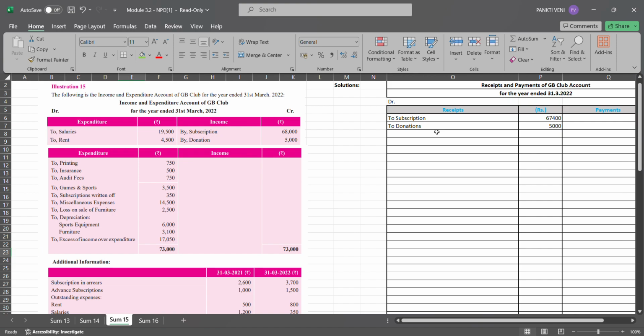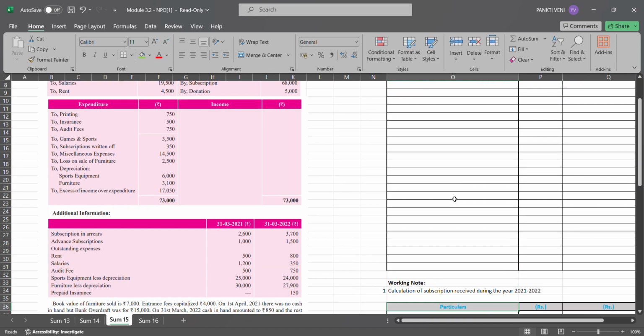Okay, in my receipts, suppose here I have printing and stationery. I just have to check whether I have anything related to the working note, any item related to a working note. Accordingly, I'll adjust here. If you go through the question, you have subscription written off, 350 rupees. That was not there in your adjustment.